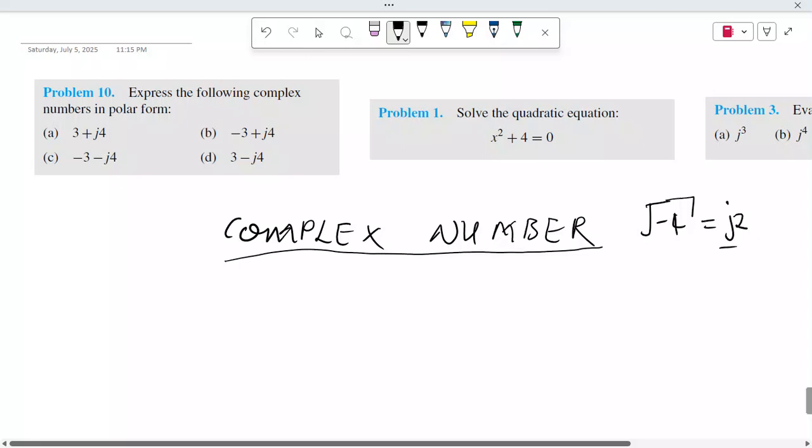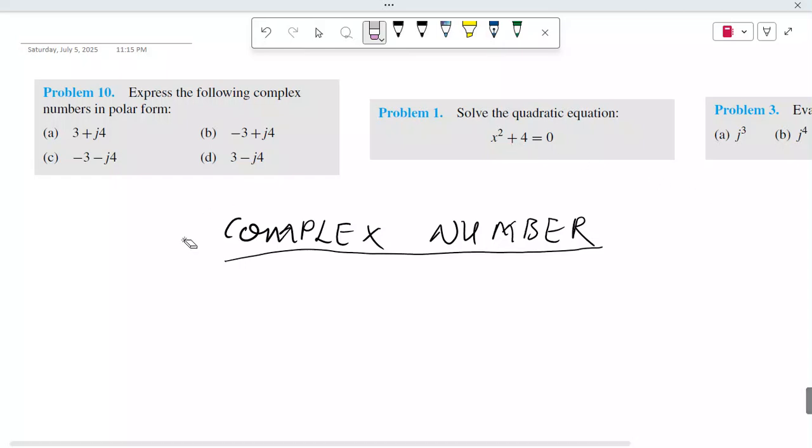Okay, so having said that, before we dive deeper, let's try to solve problem 1 first. For problem 1, it's quite simple. Most of us have solved this problem before: x squared plus 4 equals 0.